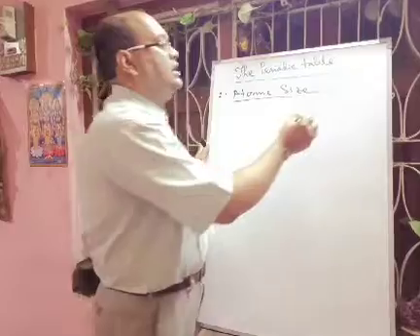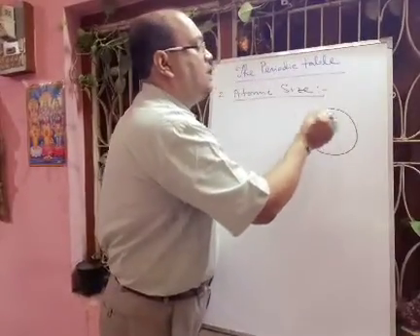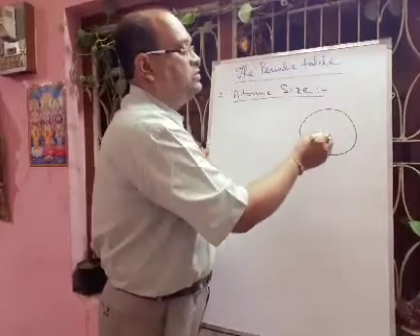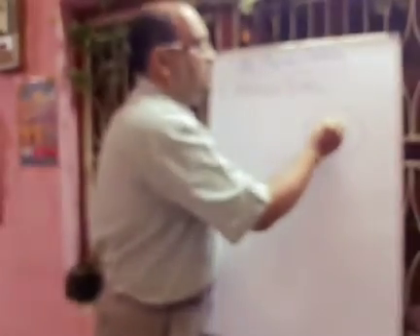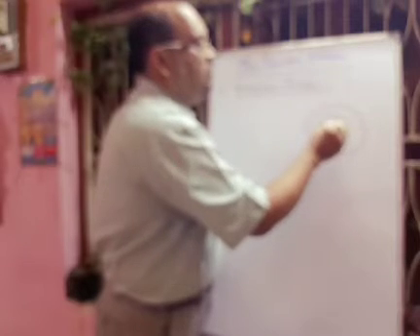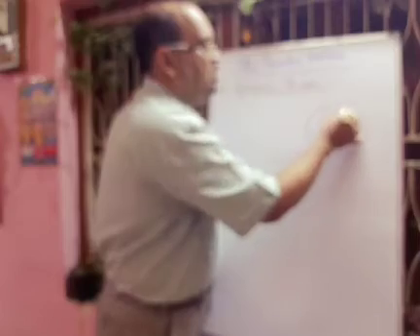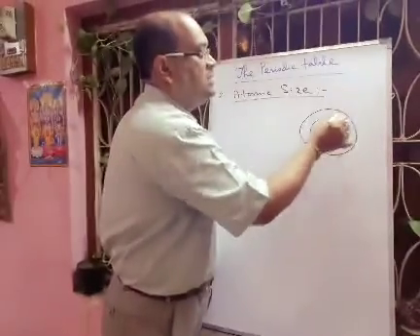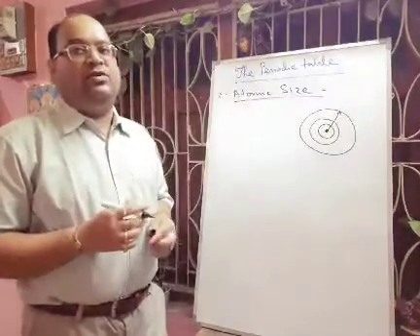Suppose this is one spherical atom. Whatever shell I have drawn, this is the outermost shell and here is the nucleus. Inside there may be other shells also. If you take the center of the nucleus and the outermost shell, that distance is called the atomic radius. Hope you can understand.